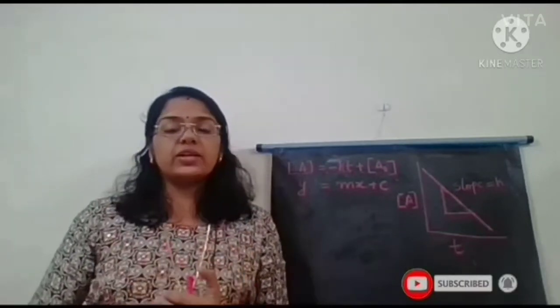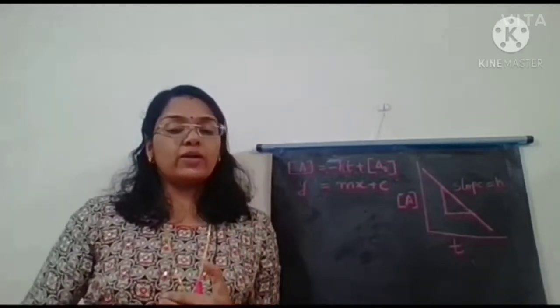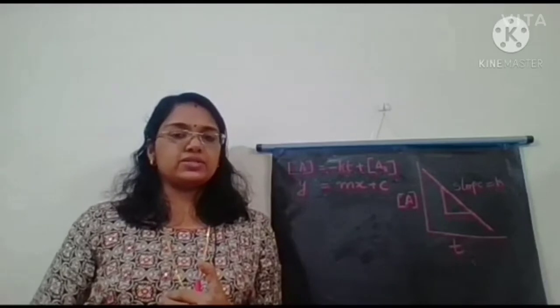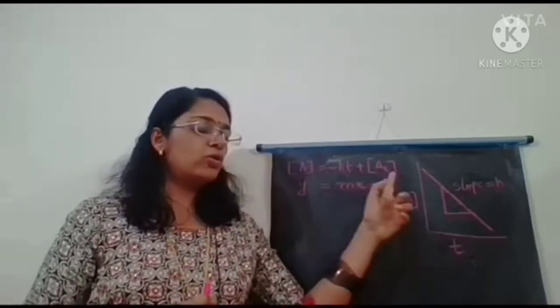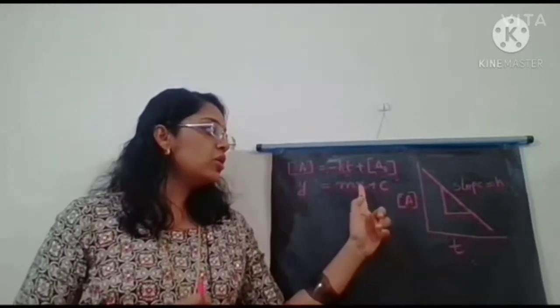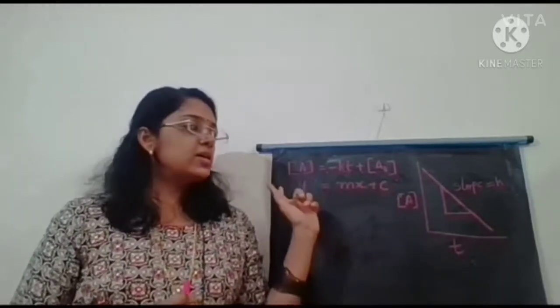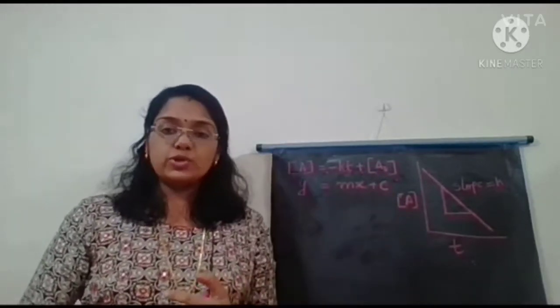So next we can look at how we can plot a zero order reaction graphically. Again, when we look at this integrated rate equation, it is in the form of y is equal to mx plus c, that is the general equation of a straight line.